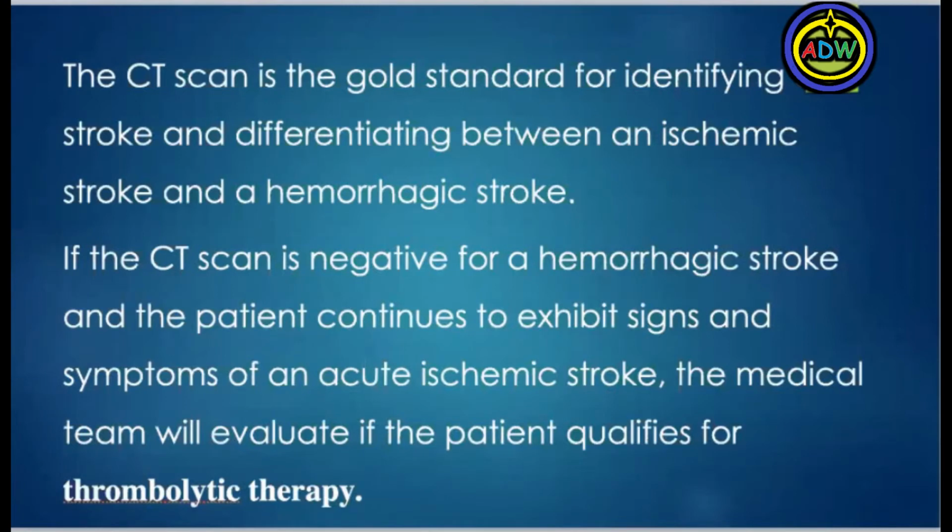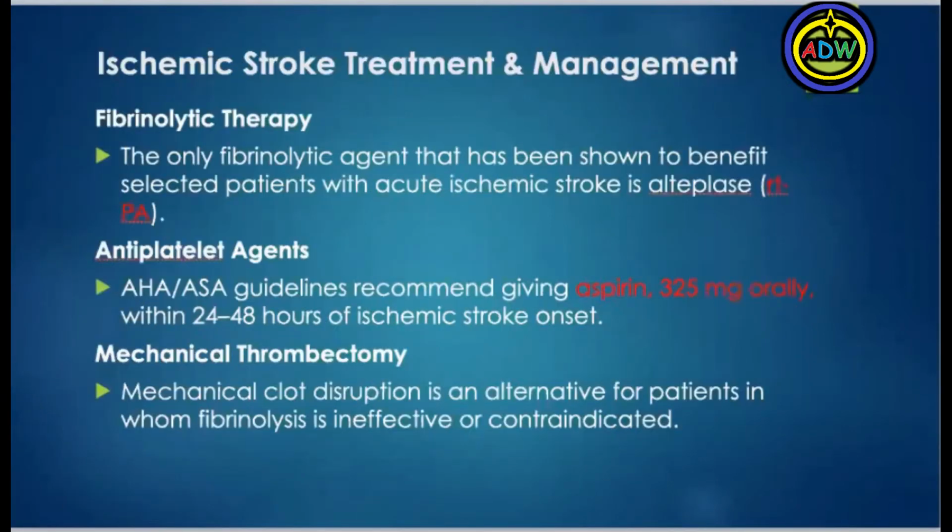Even if CT scan is negative for hemorrhagic stroke and the patient continues to exhibit signs and symptoms of acute ischemic stroke, the medical team should evaluate if the patient qualifies for thrombolytic therapy. Sometimes the CT scan can show negative for hemorrhagic stroke, but there is hemorrhage. That's why if CT is negative, doctors must evaluate if the patient qualifies for thrombolytic therapy, because thrombolytic therapy is given only for ischemic stroke, to remove thrombus or embolus.